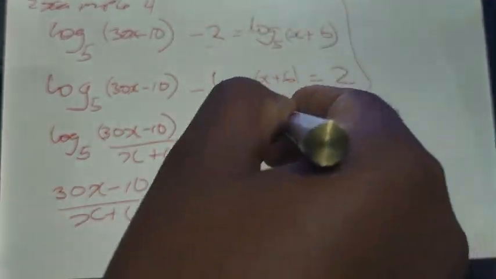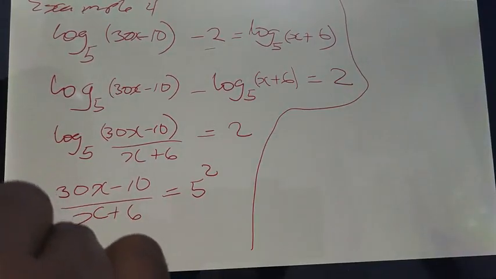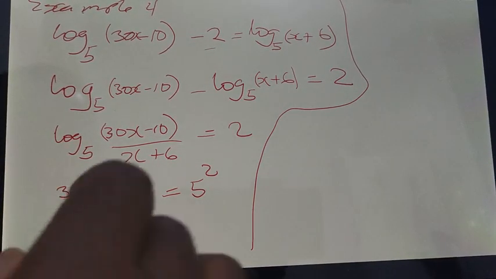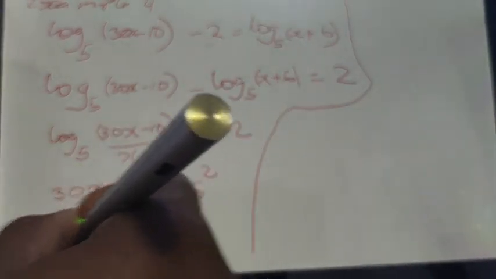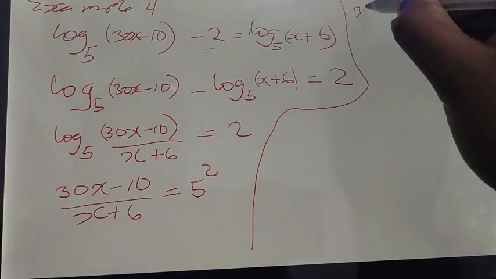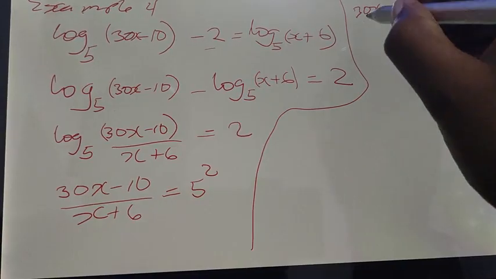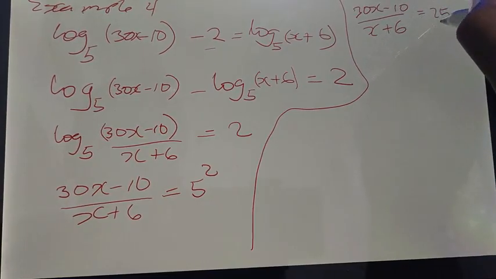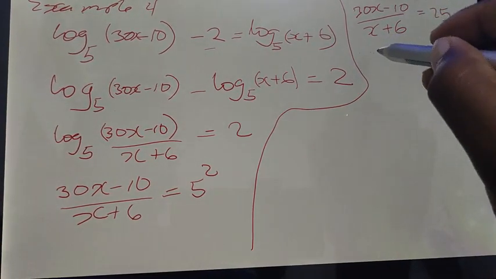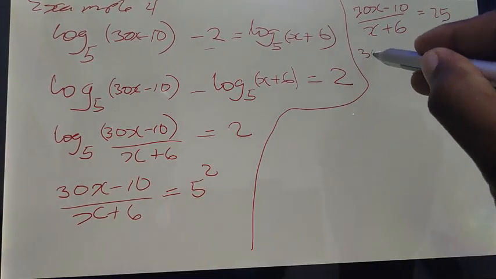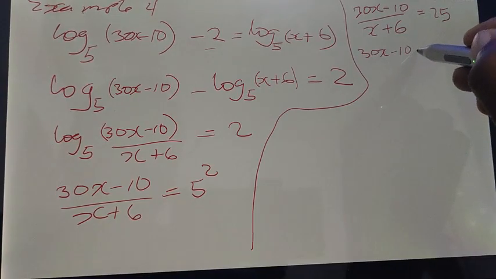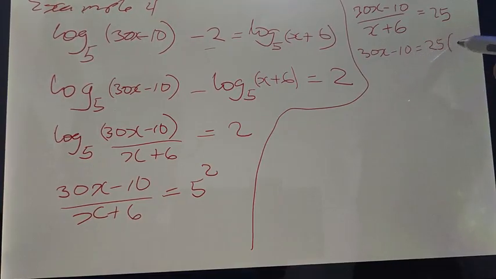Then simplifying this one, you have (30x minus 10) over (x plus 6) equal to 25, 5 to the power 2. Cross multiplication gives 30x minus 10 equal to 25 in the bracket (x plus 6).